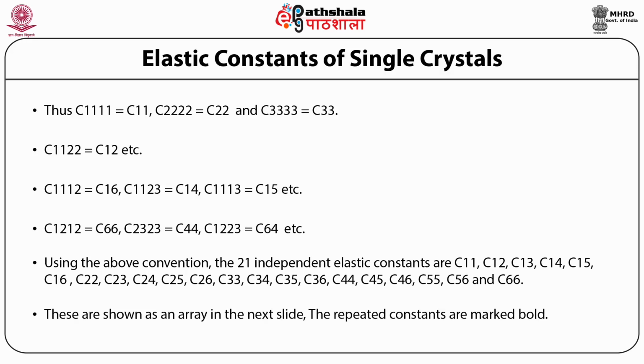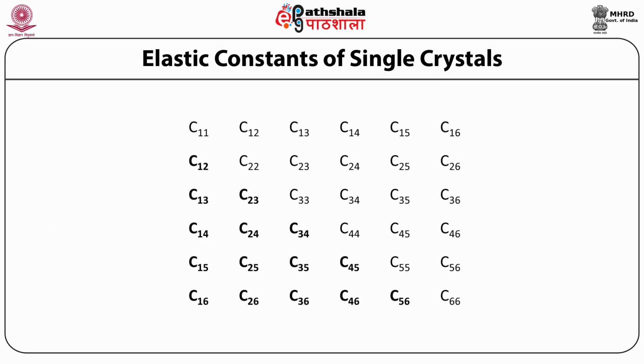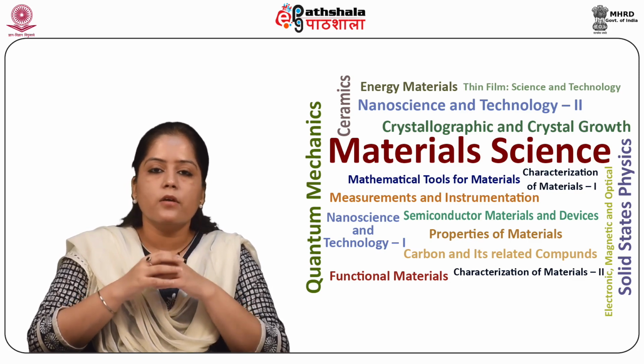These are shown as an array in the next slide. The repeated constants are marked bold. So students, this is the array of 21 independent elastic constants for a triclinic crystal, and here the repeated constants are marked as bold. Elastic constants of single crystals, continuing the discussion.